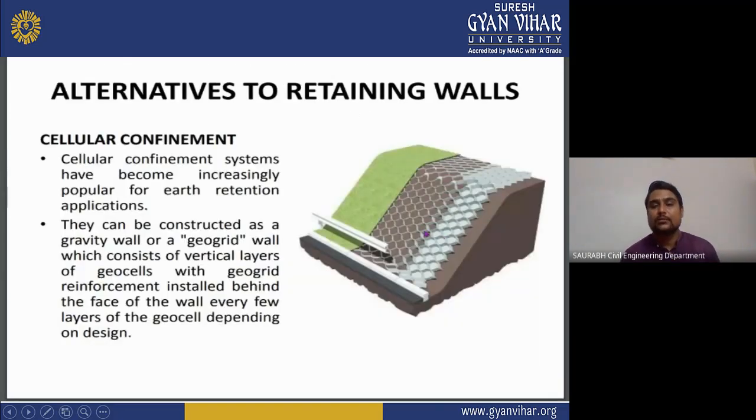Now we will also know about the alternative to the retaining wall. Cellular confinement systems have become increasingly popular for earth retaining applications. They can be constructed as a gravity wall or geogrid wall, which consists of vertical layers of geocells with a geogrid.